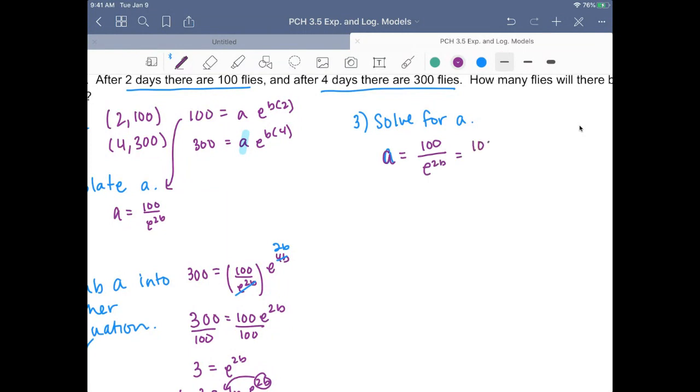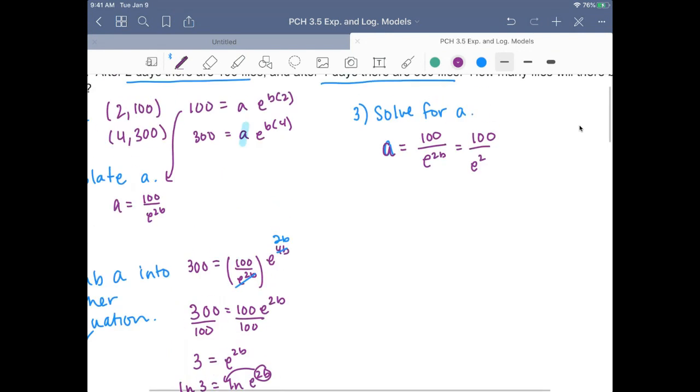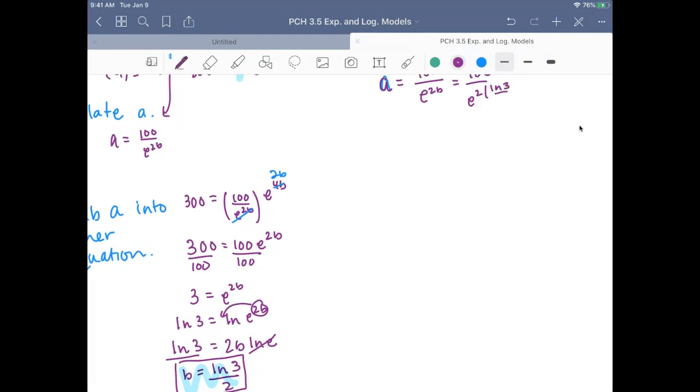And so that's 100 over e to the 2 times, and I'm going to store this number as b. Okay, so I get e to the ln 3 over 2. Those 2's are going to cancel.